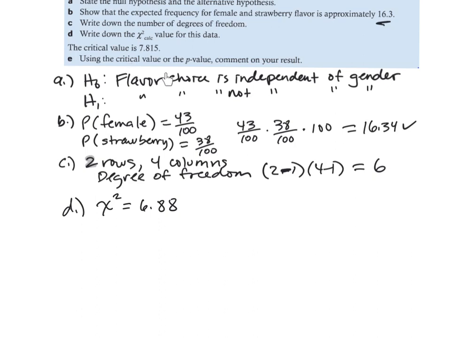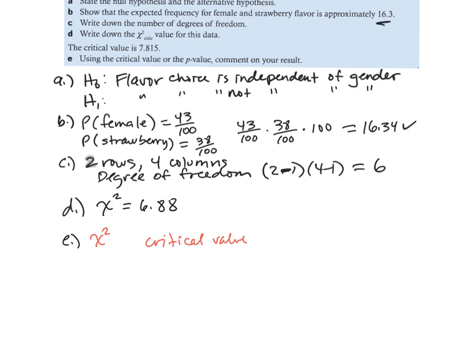You can do either one. I'm going to just do both one more time just so you can see both, but obviously you could use either to make your conclusion. So let's compare the chi-squared value to the critical value.